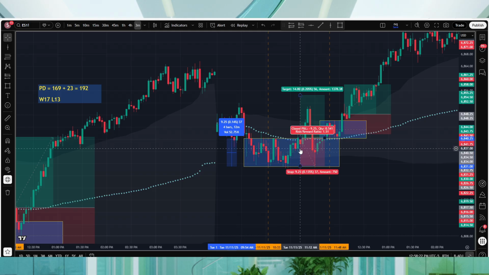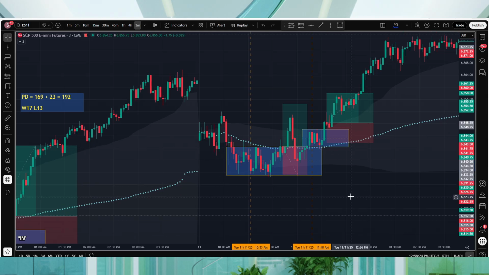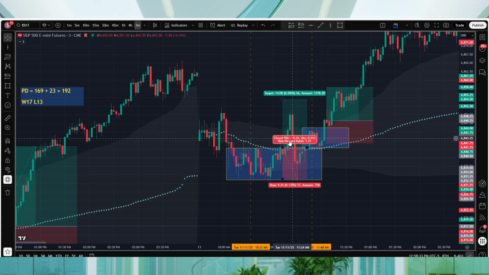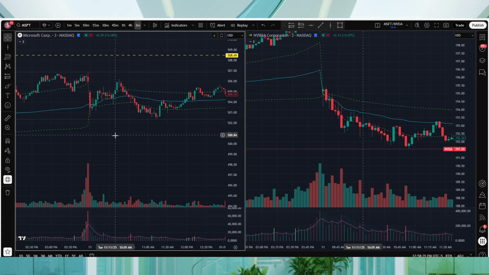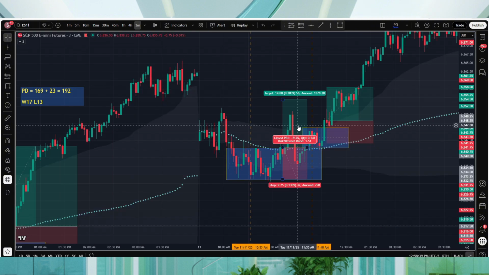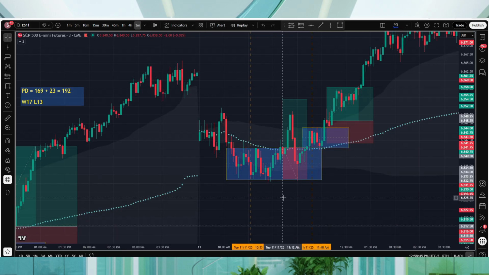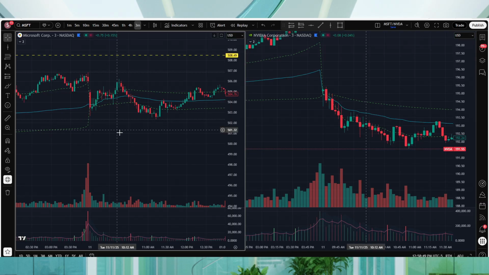So we get stopped out here. Yeah. We'll just accept that. So we get a stop out here, and then after 10:33, when's our stop? Stop out occurs here at 11:33, 11:30.